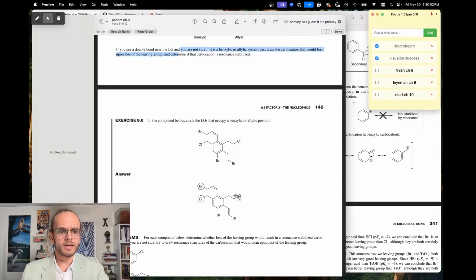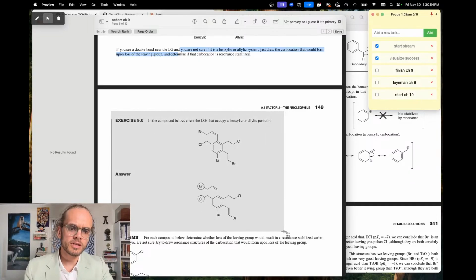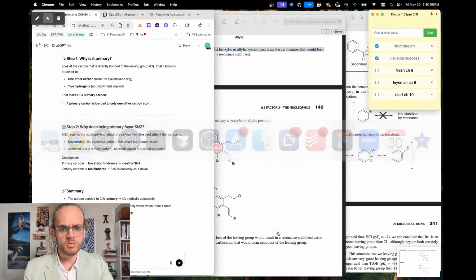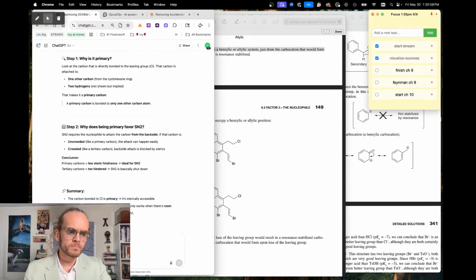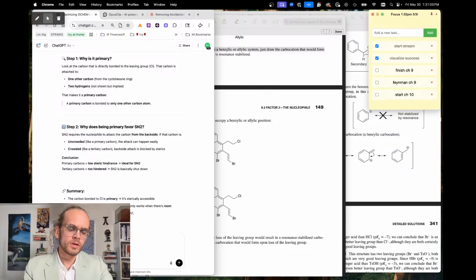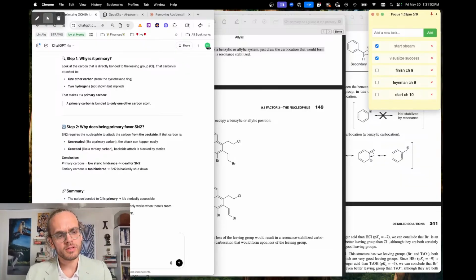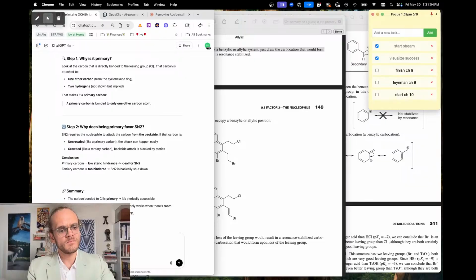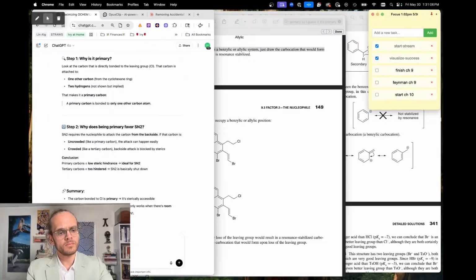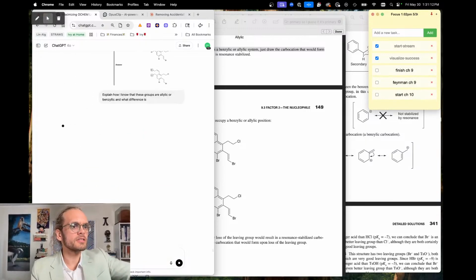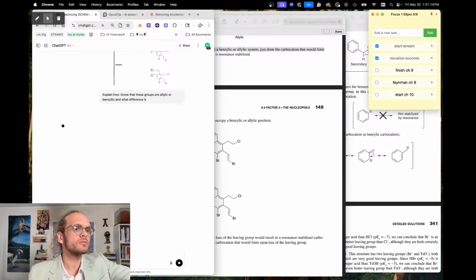Okay, I need to get an explanation for this too. They don't explain much in this textbook at this point. Explain how I know that these groups are... all right. Let's see how that goes.